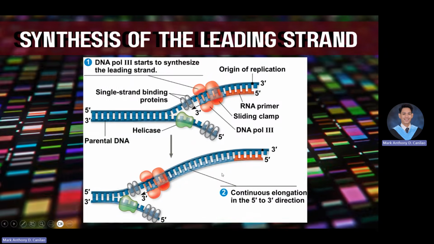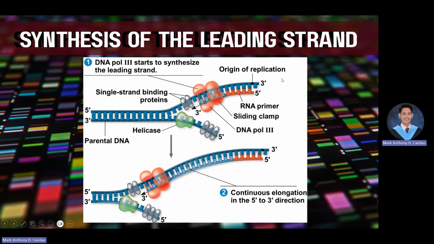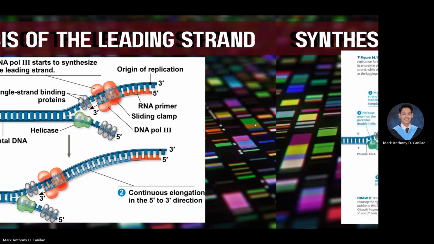The synthesis, or elongation, continues in the 5' to 3' direction because, as you can see, DNA polymerase 3 keeps giving nucleotides straight on, until we reach the last part of the process of DNA replication, known as the termination.